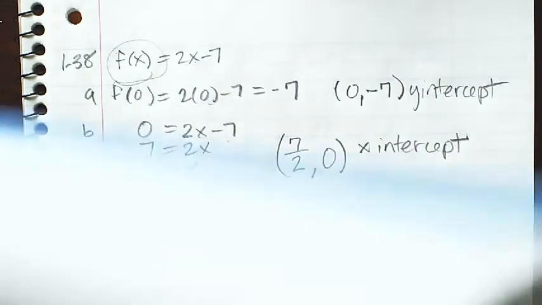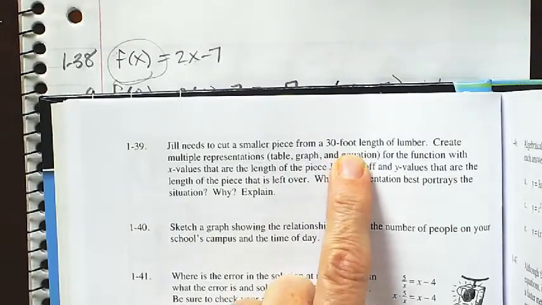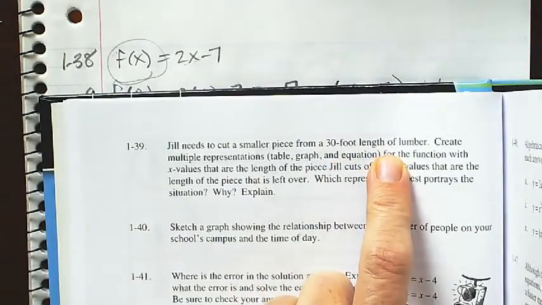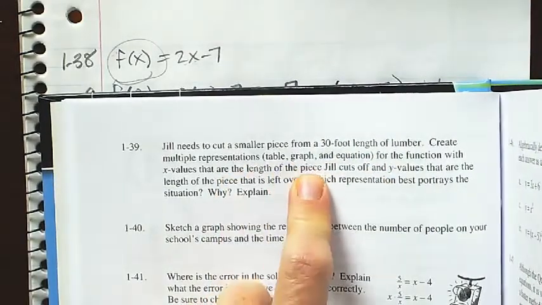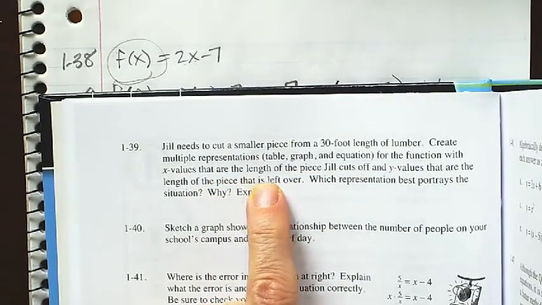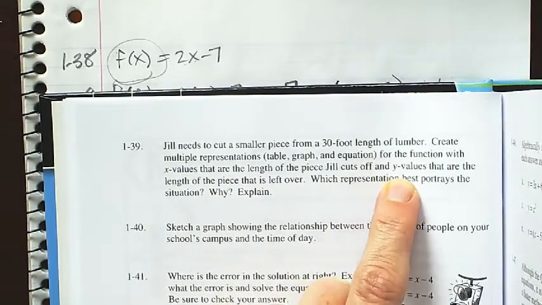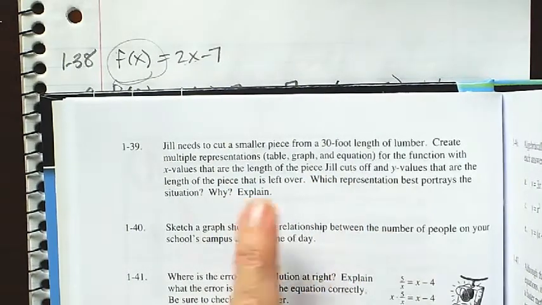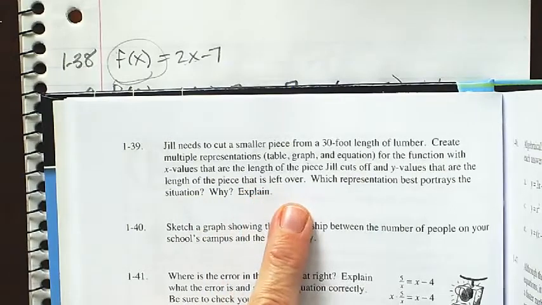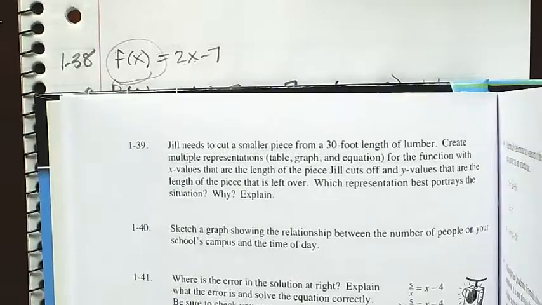All right, 139. Jill needs to cut a smaller piece from a 30-foot length of lumber. Create multiple representations, table, graph, equation for the function with x values that are the length of the piece Jill cuts off and y values that are the length of the piece that is left over. Which representation best portrays the situation?